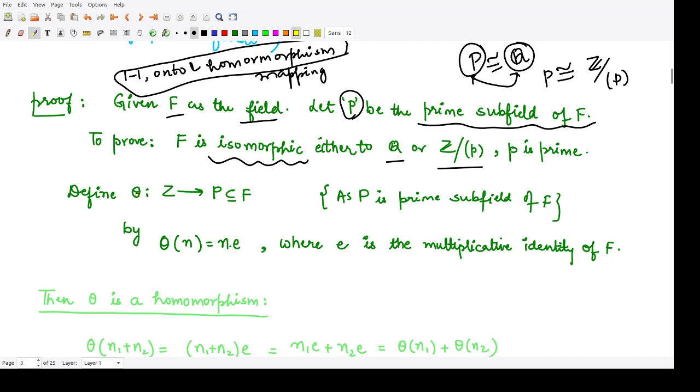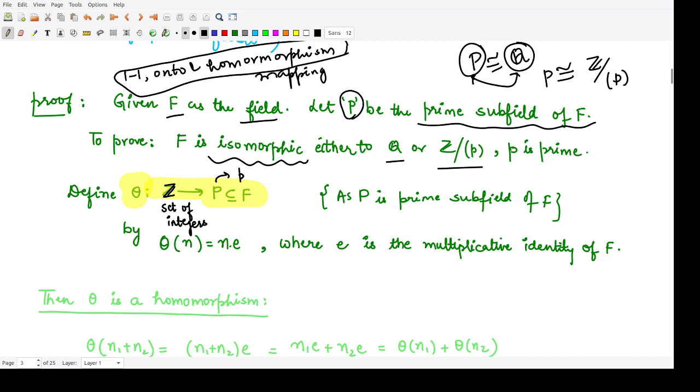We are defining the mapping by the symbol theta. This is defined from Z to P. What is Z? Z is the set of integers. And what is P?